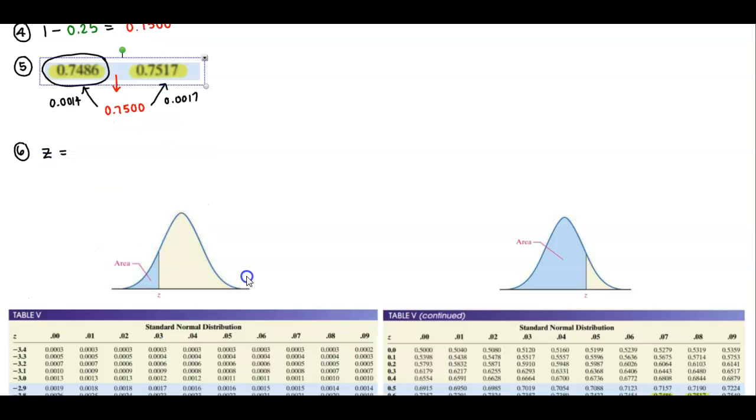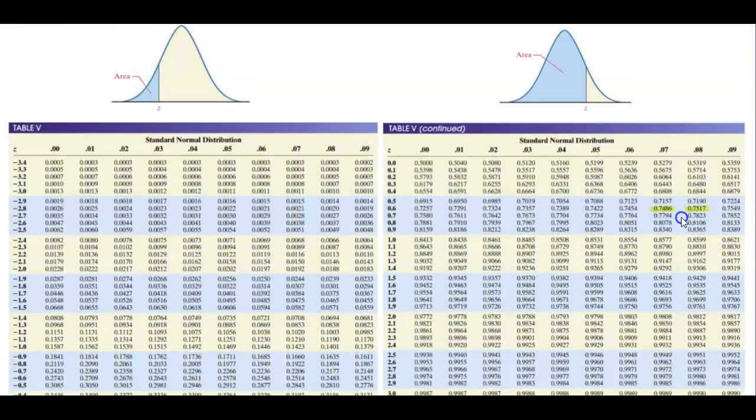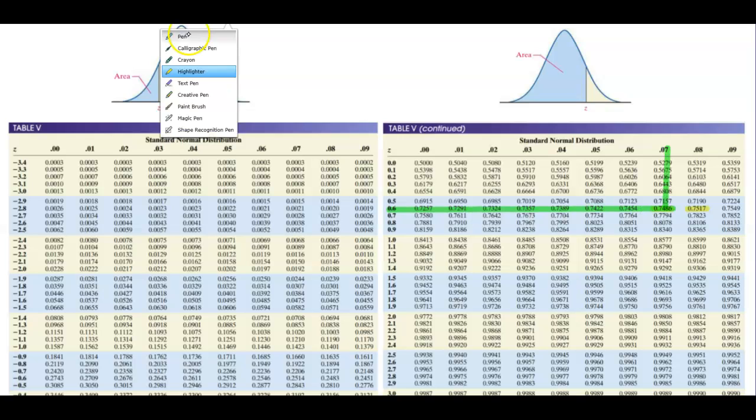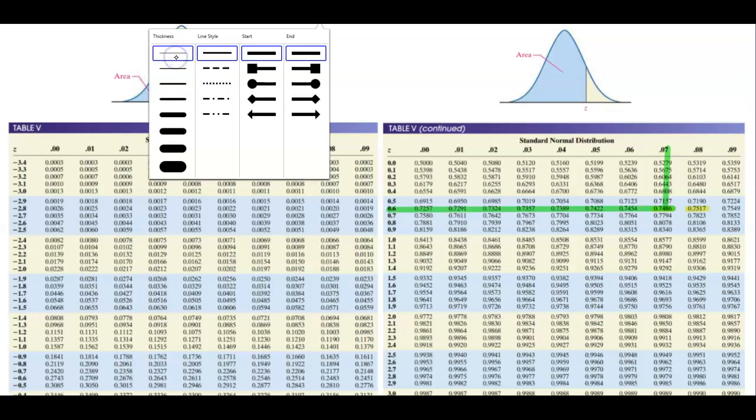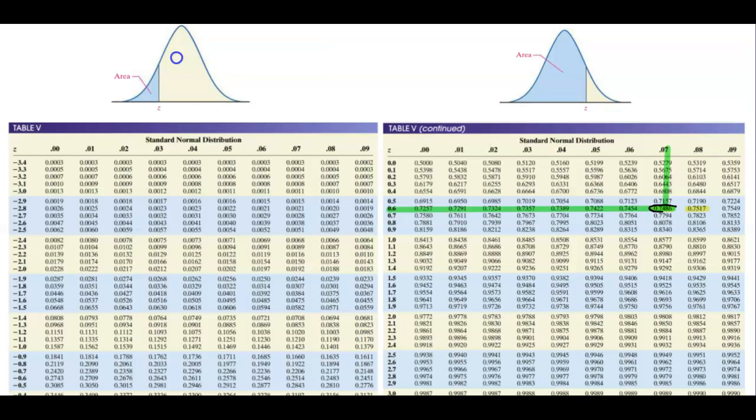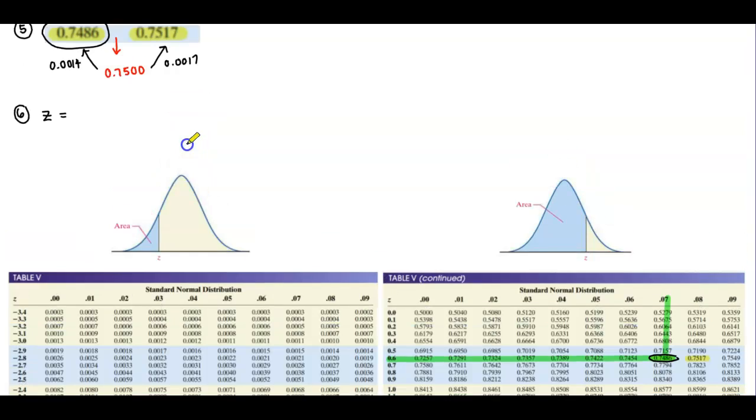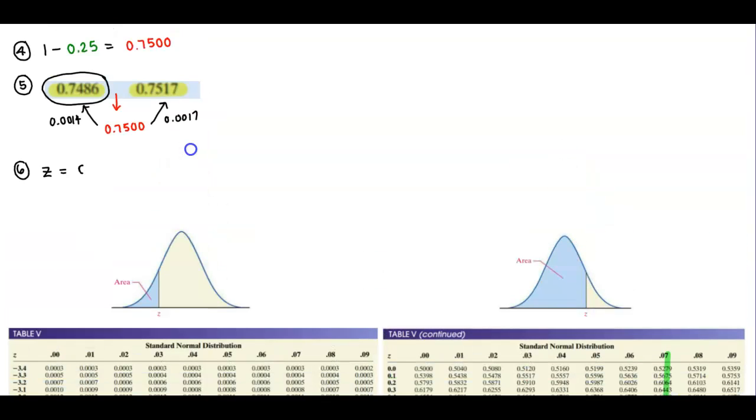Let's go back and look at that area. We know it's going to be 0.67, so the z-score is 0.67.